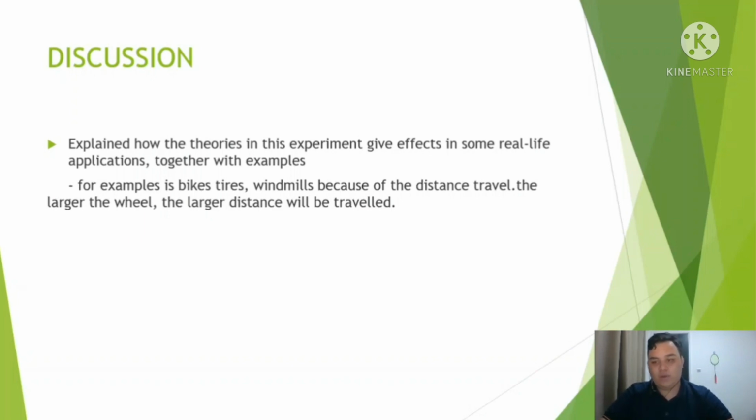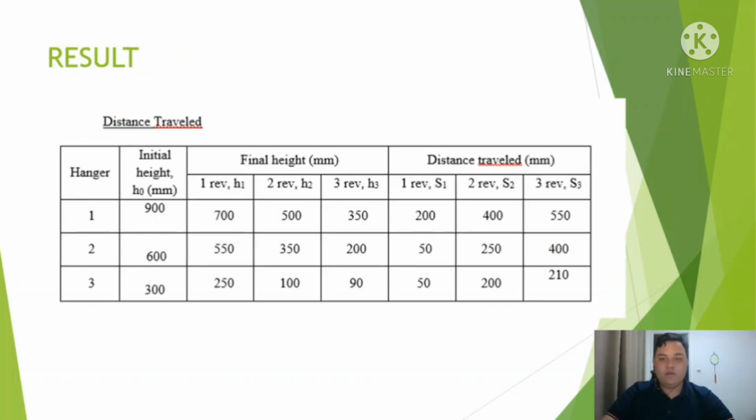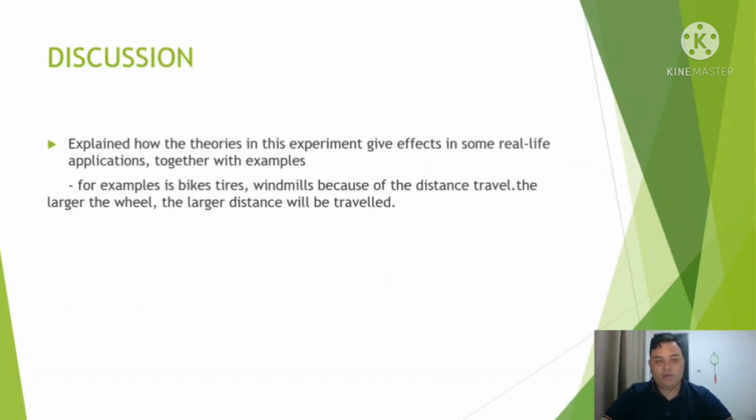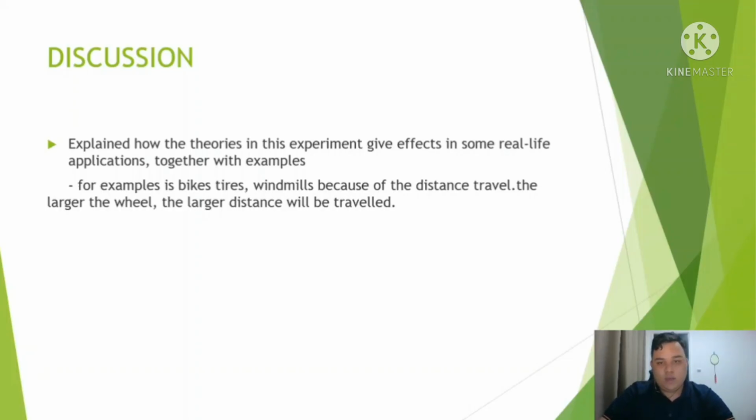As we see in this table, the bigger the diameter of the wheel and the shaft involved, the distance travel is very long. You see here in the result that we get, the larger the wheel, the larger the distance we travel. That's it. That is from me. Thank you.